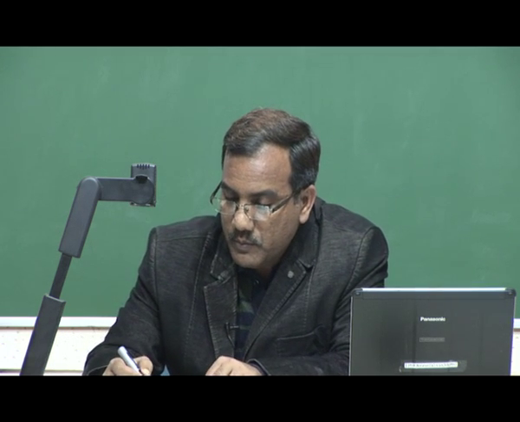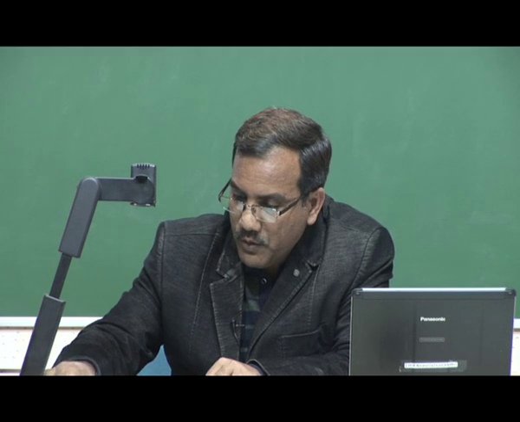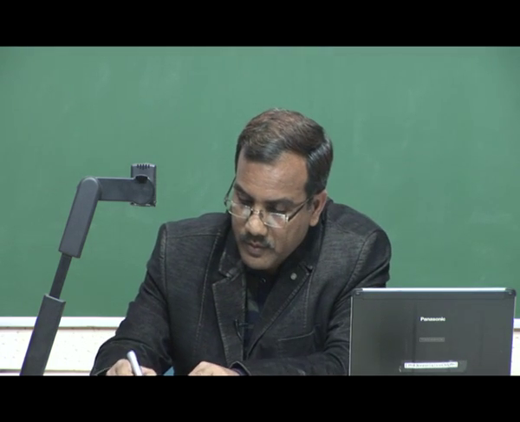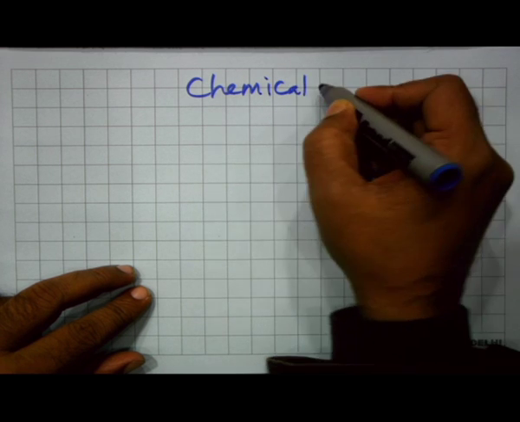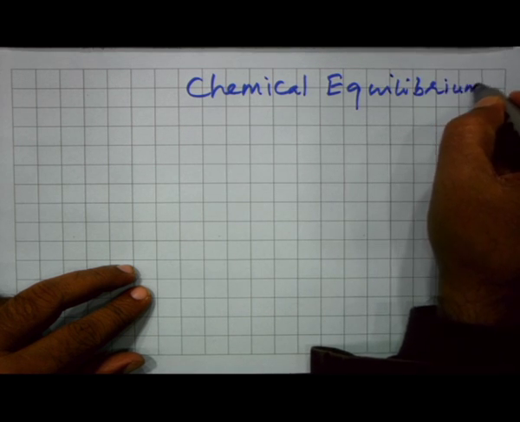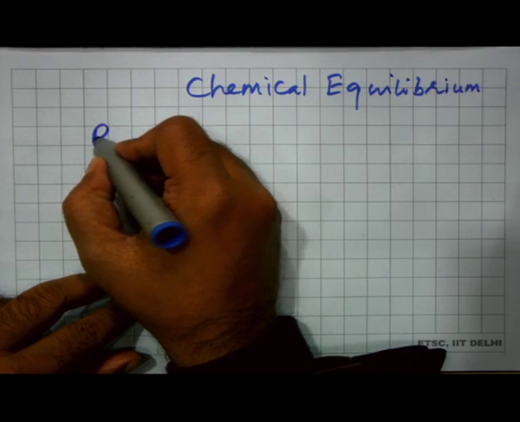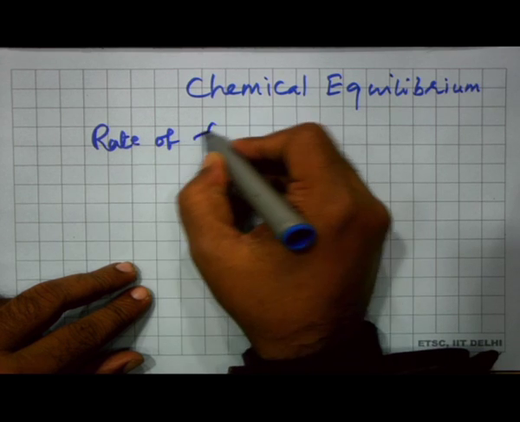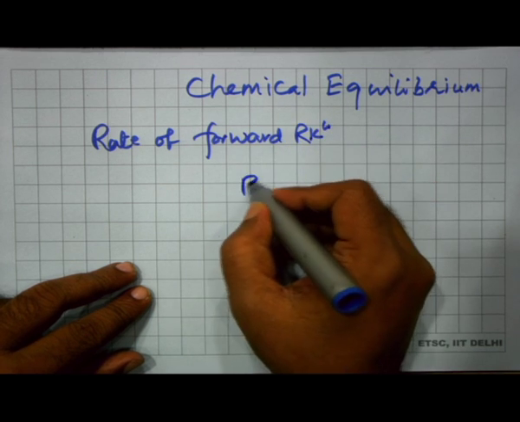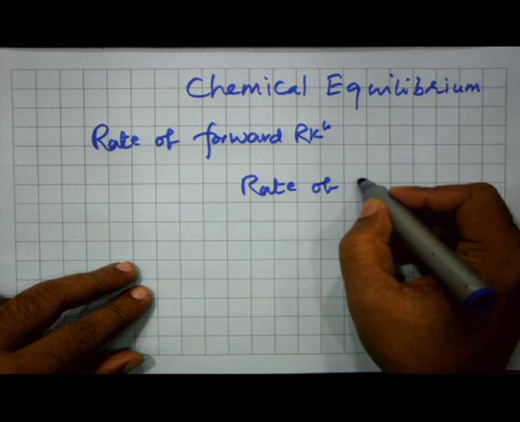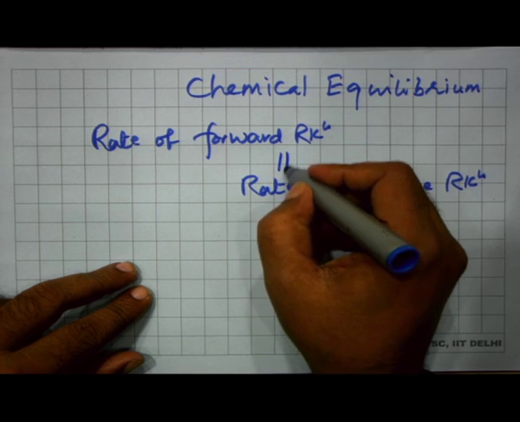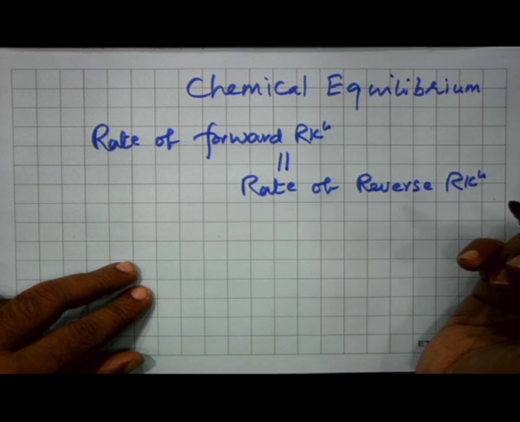Now, what I told you about chemical equilibrium is that one balancing force is the rate of the forward reaction and the other is the rate of the reverse reaction. When they are equal, then we say that equilibrium exists.